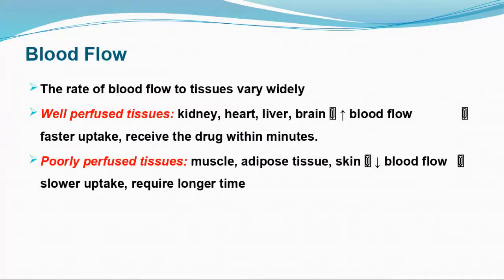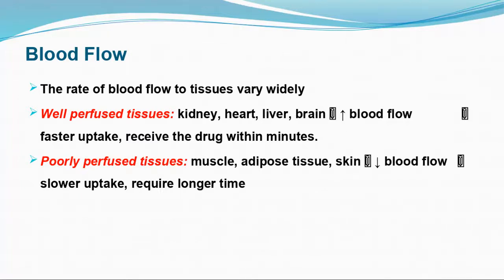The blood flow: we find that the rate of blood flow to the tissues will affect the rapidity by which the tissues receive the drug. Again, the rate of blood flow to the different tissues will affect the time by which the tissue will receive this drug.